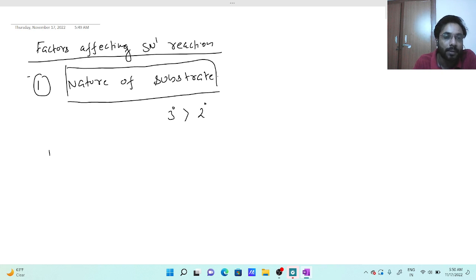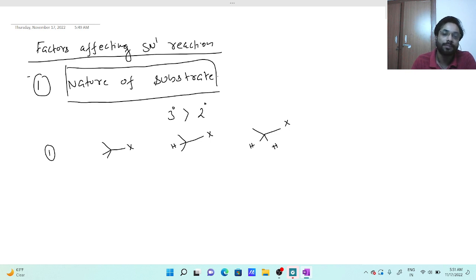The first example which I am going to take is based on the degree of the alkyl halide. Out of 3, which substrate is more favorable towards Sn1 reaction?